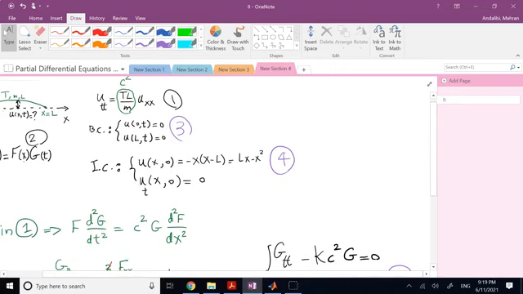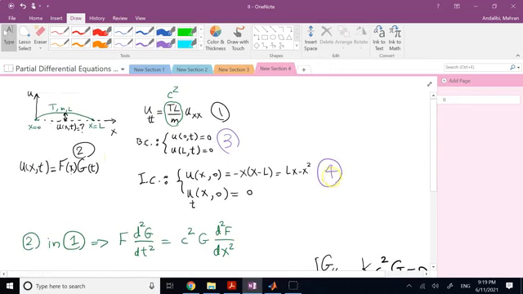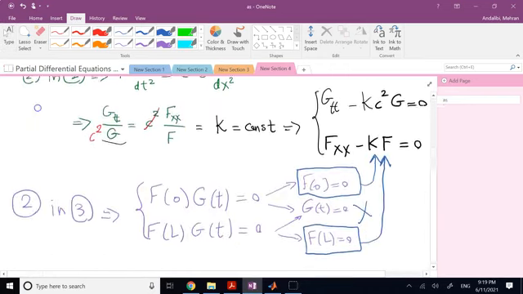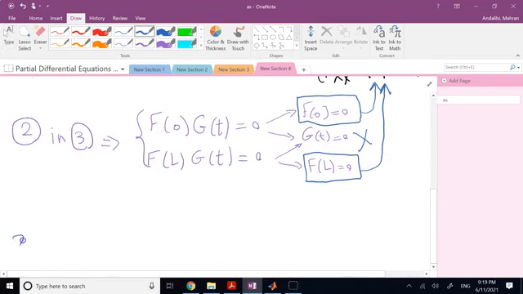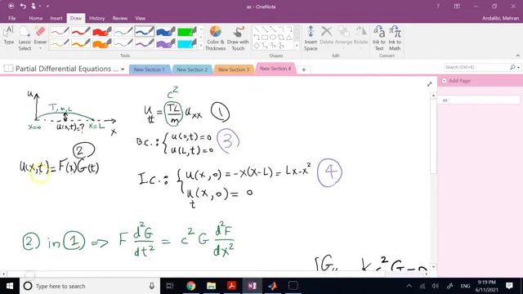Similarly, if I try to apply 2 to 4, let's see what happens. If I plug in 2 into 4, then u at x and 0 means f of x times g of 0. It is equal to Lx minus x squared.